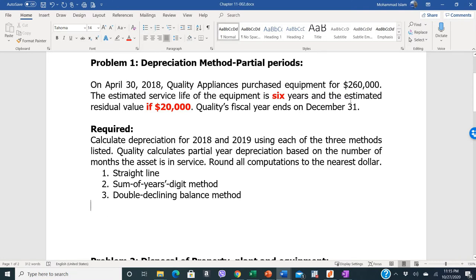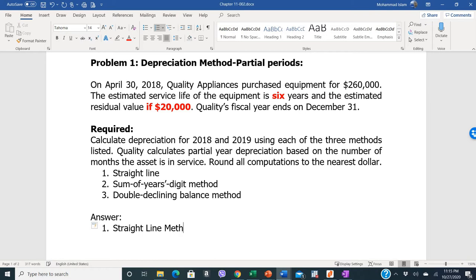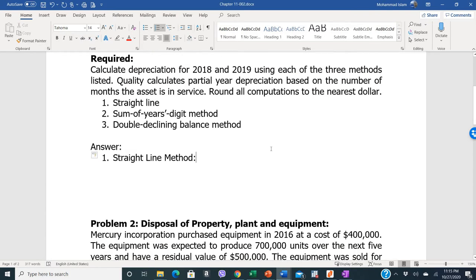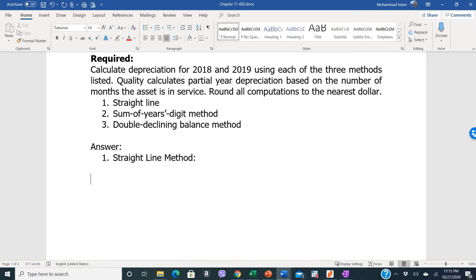So it should not be easy, so be careful. Let me answer it now. First, let's see the straight line method of depreciation for the year 2018.